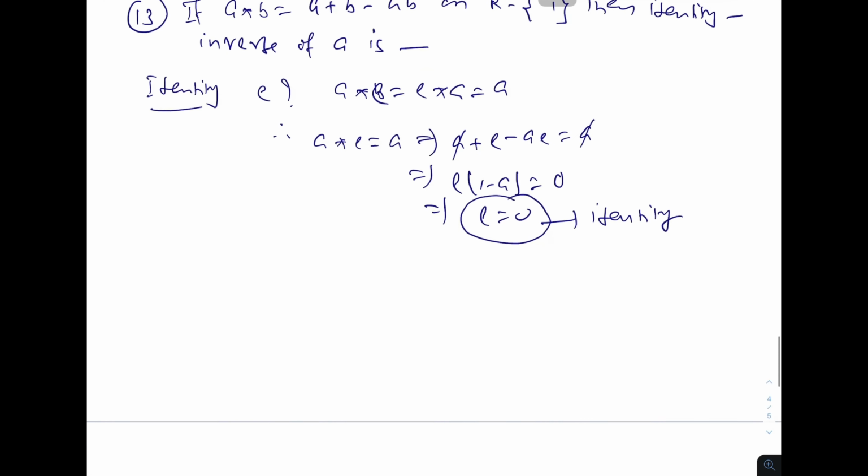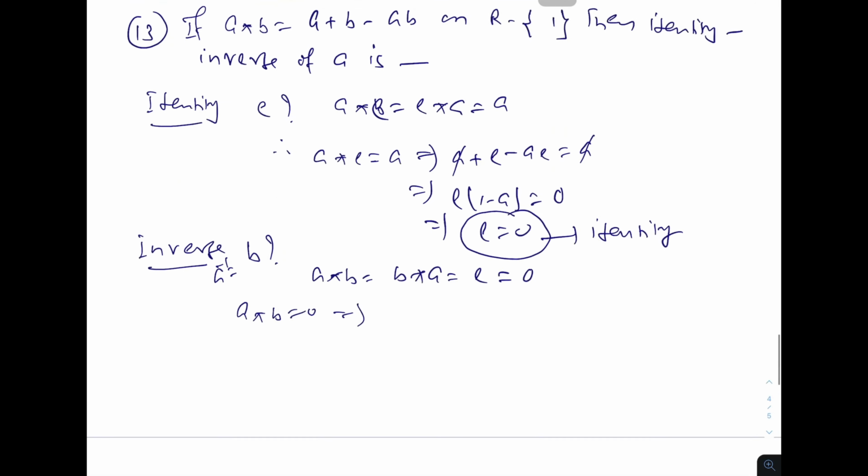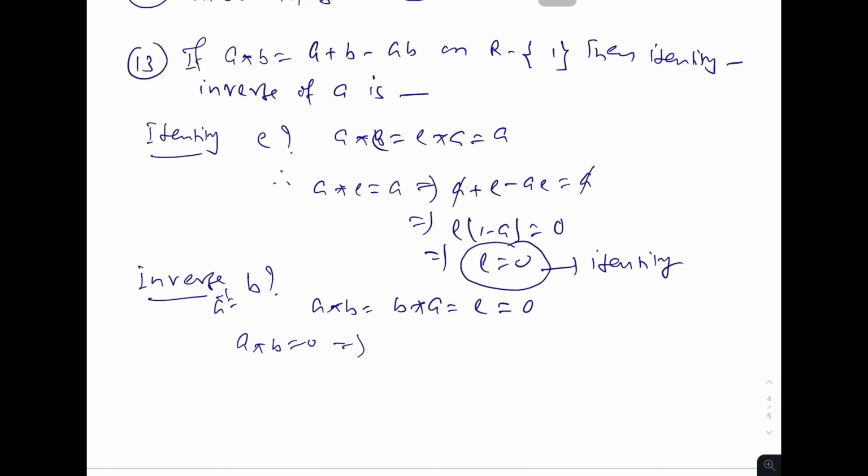Now for inverse, if b is the inverse of a, then a star b equal to b star a equal to E, and our E is 0 here. So a star b equal to 0. Now what is a star b? a star b is a plus b minus ab.